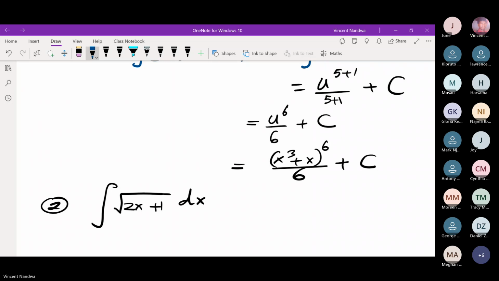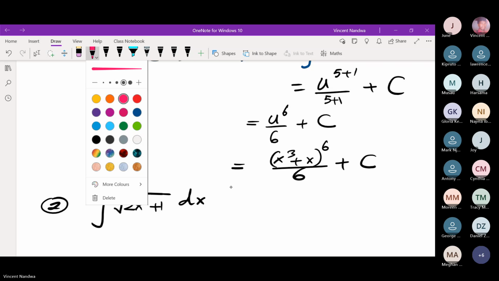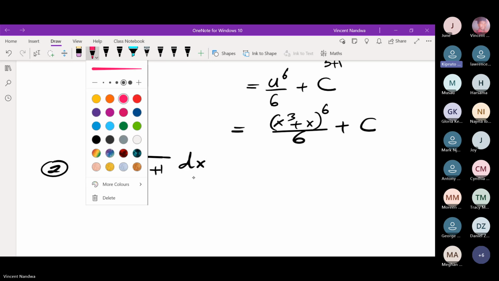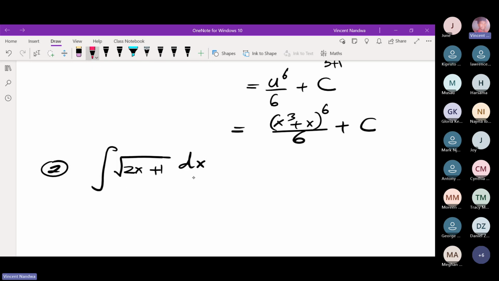What should we do in this case? Correct. So we can write this one as the integral of 2x plus 1 raised to power half, then dx.